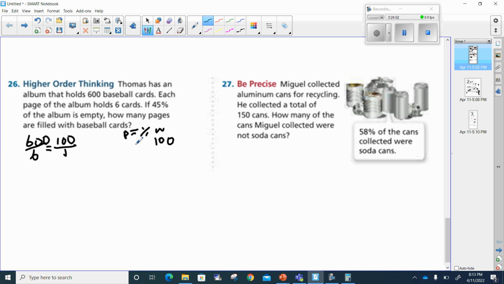My percent would be 0.45 when I turn it to a decimal. 0.45 times 100, we move the decimal over twice, so the part's going to equal 45. If 45 out of the 100 pages are empty, that means that 55 pages must be full. So how many pages are filled with baseball cards? 55 pages.